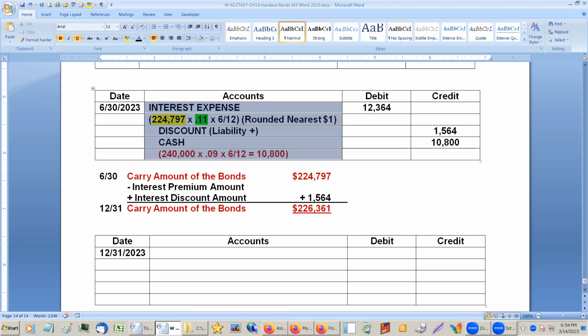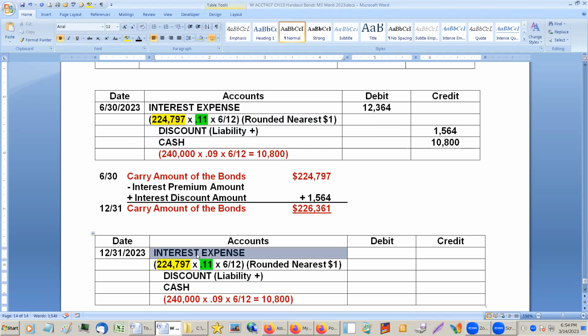Okay, and again, everything comes down here. This is still gonna be 10,800. That is in the contract. We have to pay that no matter what. This went up to 226,361.